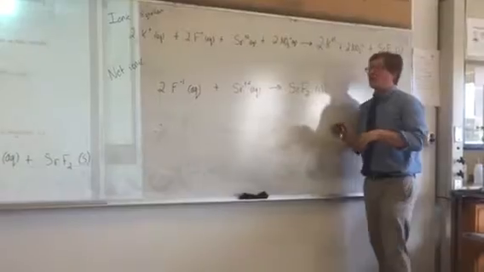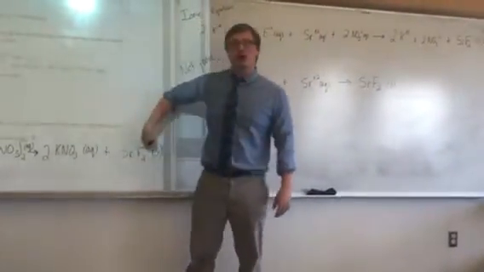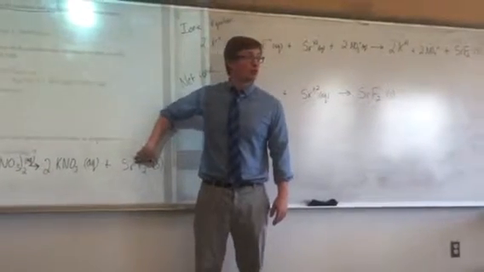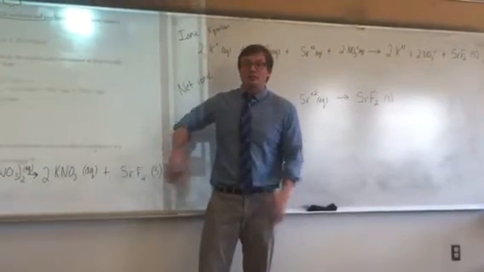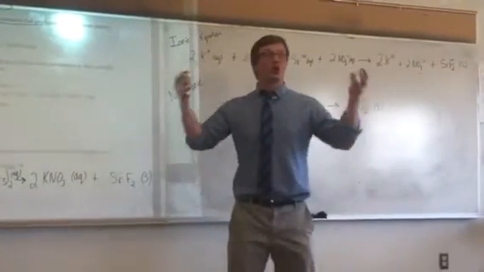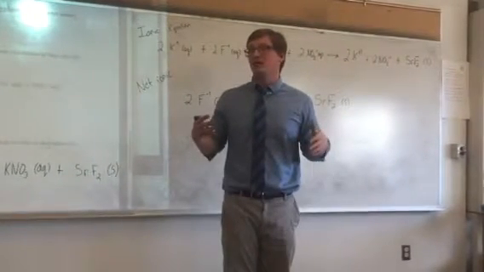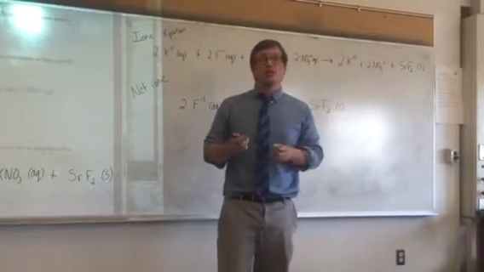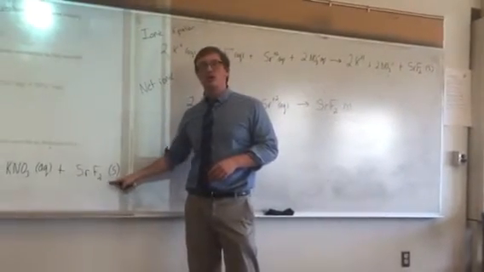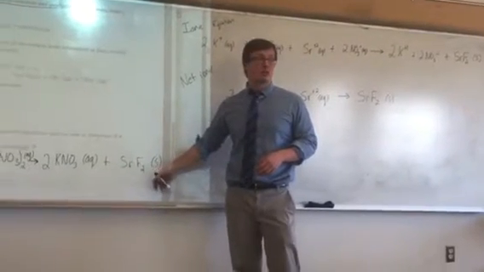If you get to this point and both products are soluble, both products are still dissolved in the water, it doesn't form anything. There's no reaction there. They're just dissolved. There's only a reaction if we see some sort of change in the state of matter, so either a solid or a gas forms.